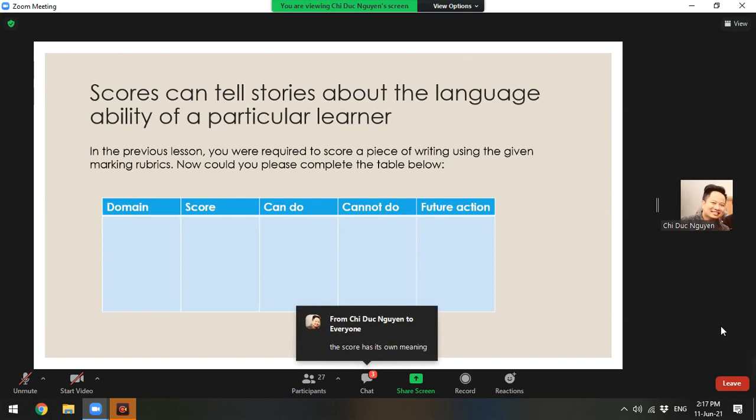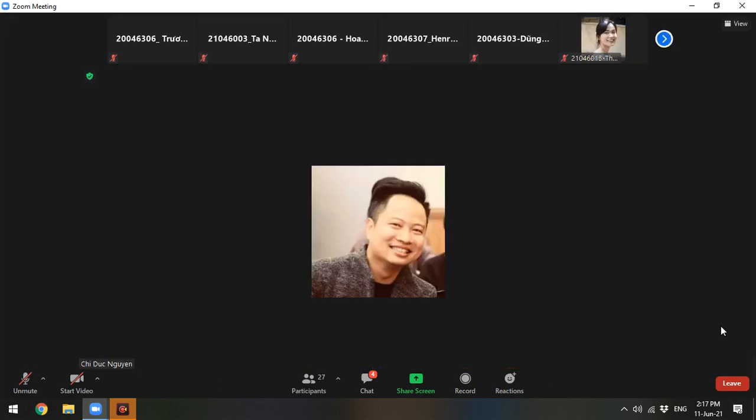For example, I say that this student achieved A1 level in terms of writing. What does this mean? What he or she can do and what he or she cannot do. Can you remember?